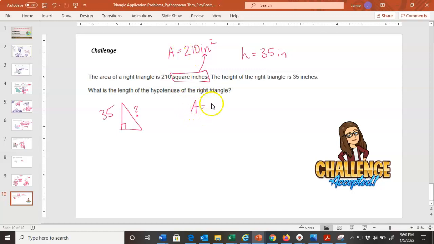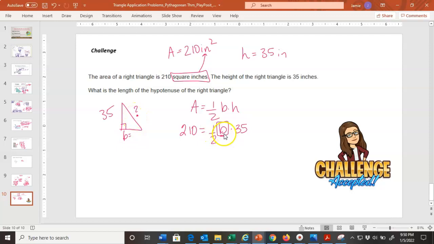We know area is 1/2 base times height, right? So we're going to plug in what we know. We know the area is 210. We don't know the base, and we know the height. Oh, look, we can find the base by solving for b. And once we have the base, we will have enough information to solve for the hypotenuse.